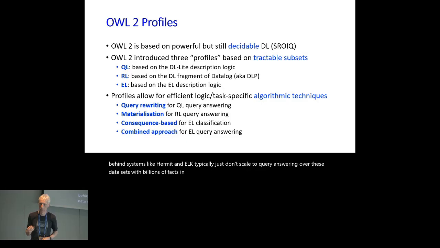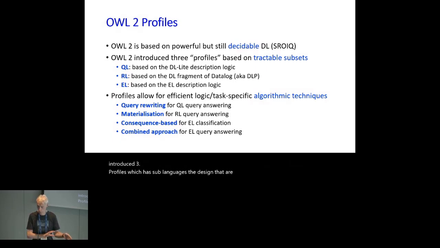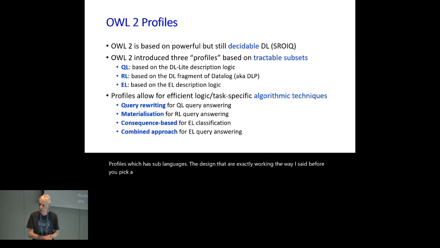So in OWL 2, we revisited the OWL standard and introduced 3 profiles, which are sub-languages that work exactly the way I said before. You pick a subset of the constructors that fits with a given kind of target application area and that has a better computational complexity.